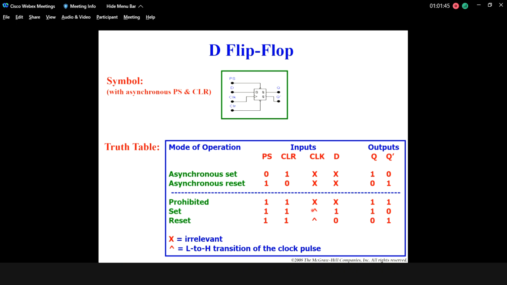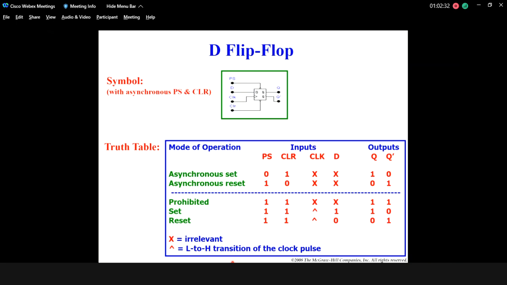Okay, so when preset and clear have the value 1, we start to look at the clock input and the D input, and then we will have the output Q based on the table. Remember here for the clock, it shows that arrow to the top. This represents a low to high transition clock. So the output will change when there is a positive slope, that is, during the rising edge, and then the output changes.